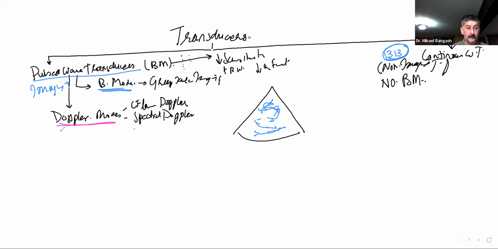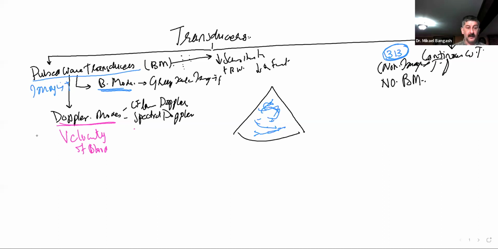What are the Doppler modes going to do? They help us measure the velocity of blood. In 90% of Doppler case studies, we will try to measure the velocity of blood.